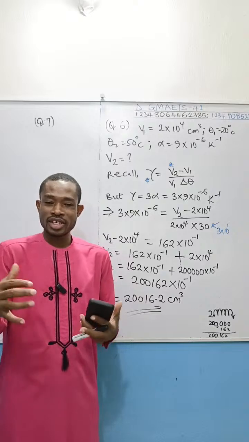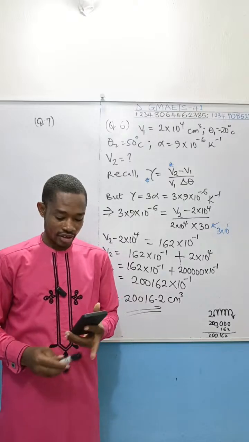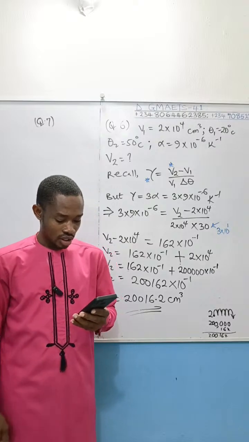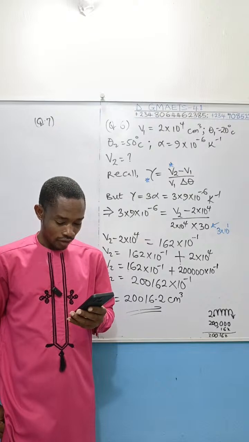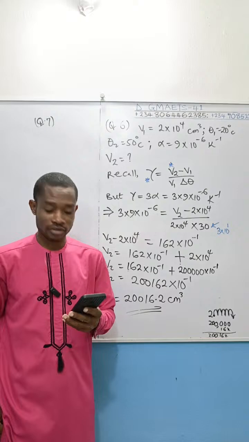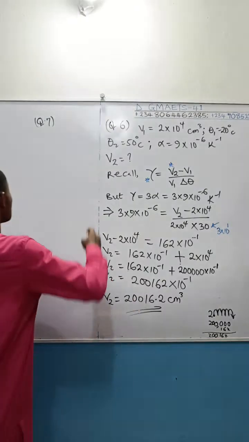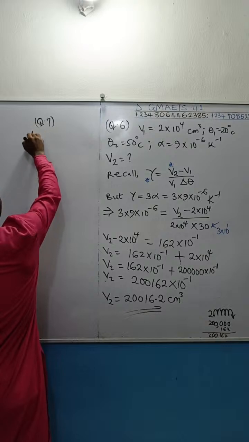And when it is cold, it contracts, thereby regulating time effectively. So the correct option is option D, balance wheel of a watch. That is an advantage of thermal expansion of solid.